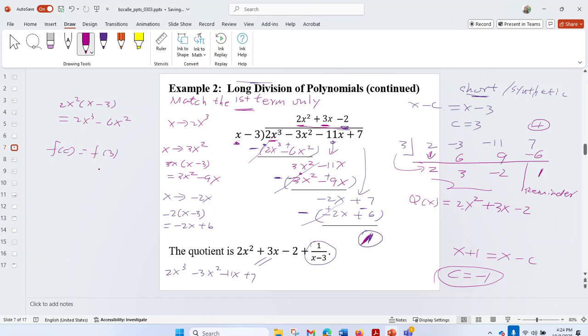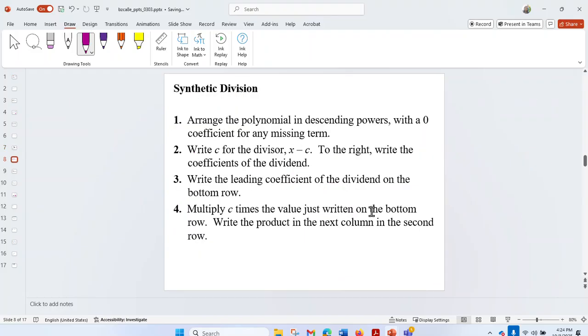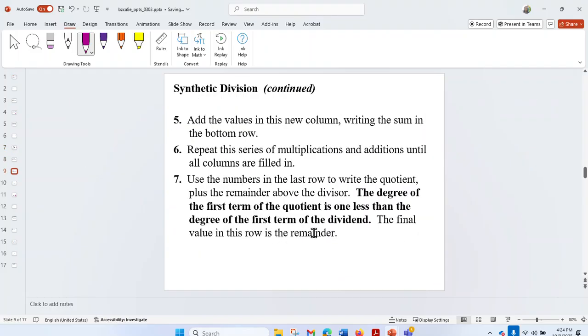So if I put this 3 in for this whole thing, it should equal 1, equal to the remainder. You can do the calculation, but it should be equal to 1. So that is the remainder theorem here.